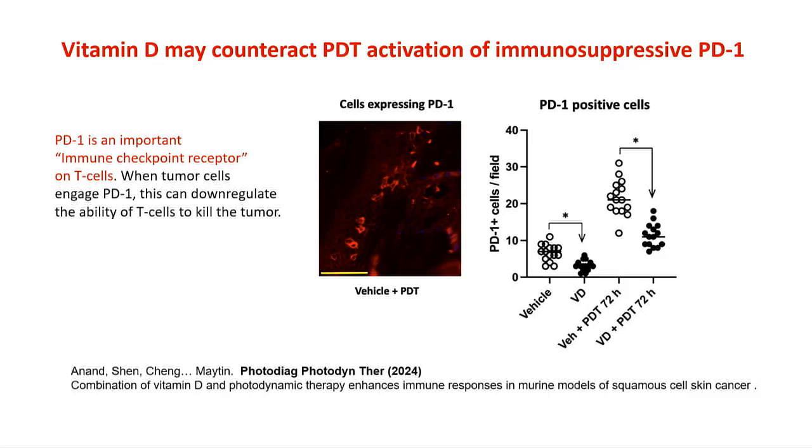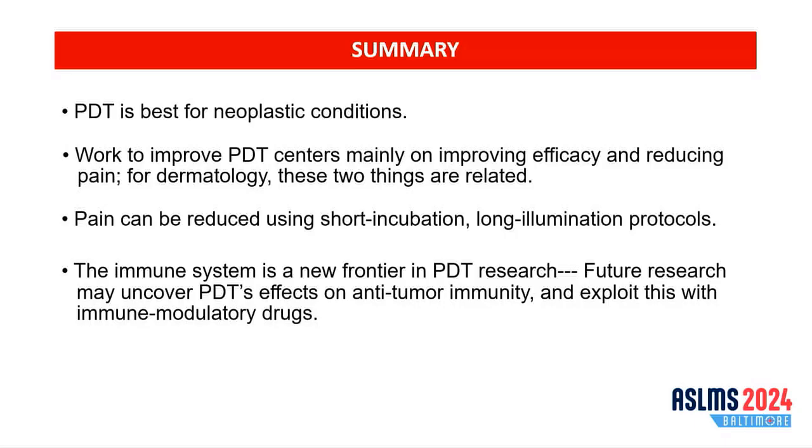When these are expressed, you'd expect that to be deleterious, not beneficial. And in fact that happens: you see with the open circles, PD-1 is increased, which could be bad, but if you added vitamin D, it seems to reverse that process. So we're pursuing this as a potential avenue where our combination treatments can affect the immunity of the tumor.